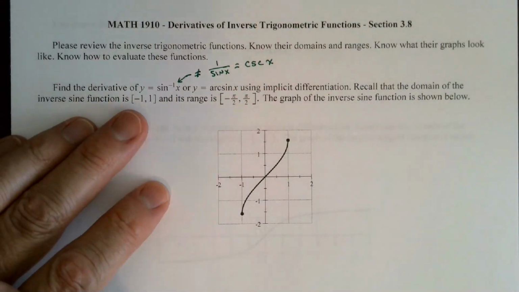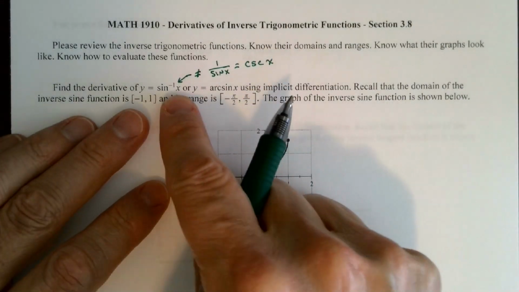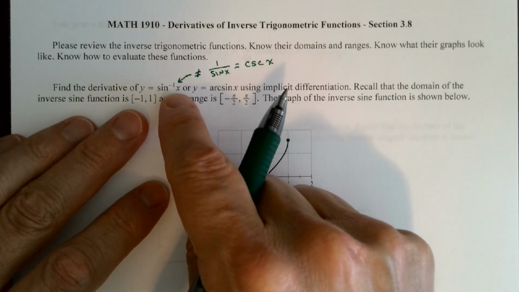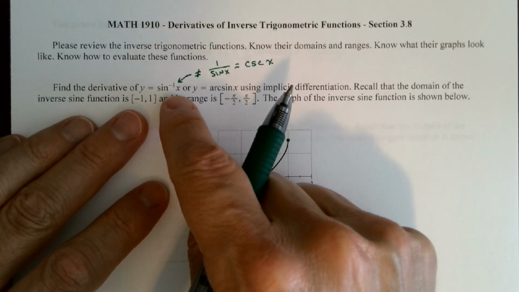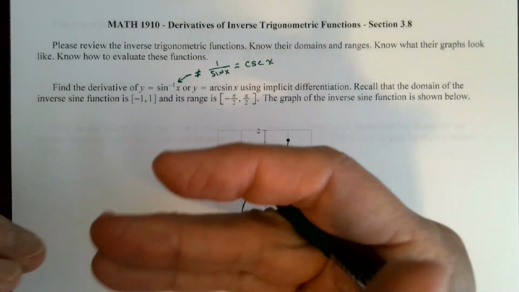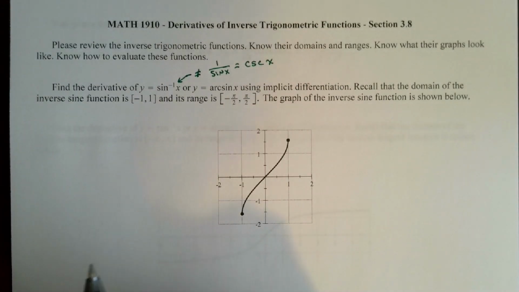Now, that -1 superscript is an indication we're talking about the inverse sine function. It's the function that, if you will, undoes the sine function. So for instance, if sine of pi over 6 is equal to 1/2, then the inverse sine of 1/2 is equal to pi over 6.